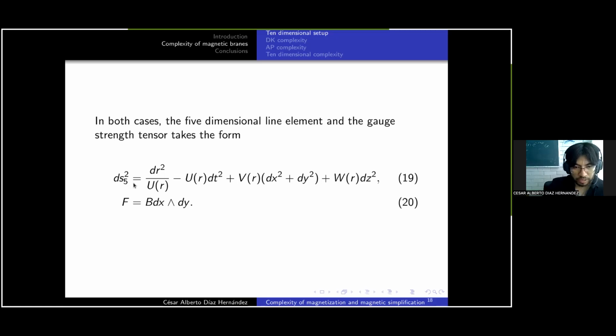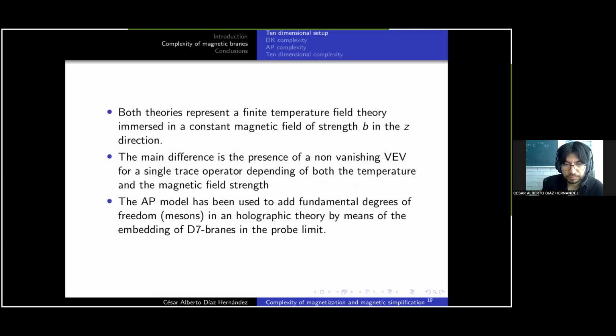So we will only care about computing these metric functions. So, as I was telling you, both theories represent a finite temperature field theory immersed in a constant magnetic field of strength B in the Z direction.